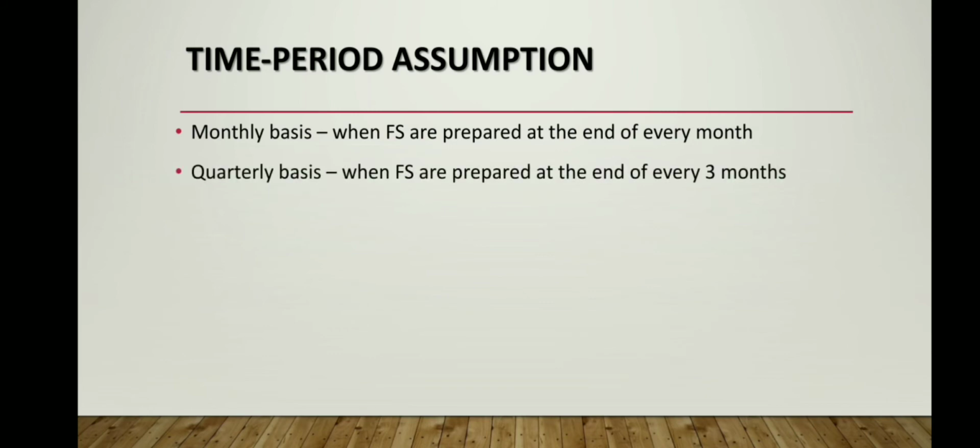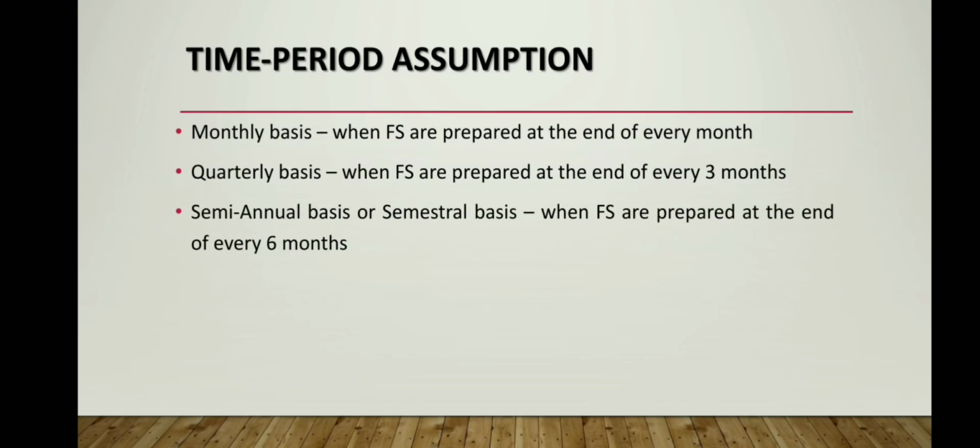If financial statements are prepared at the end of every 3 months, we call it a quarterly basis. If financial statements are prepared at the end of every 6 months, we call it on a semi-annual basis or semestral basis. And if financial statements are prepared at the end of every 12 months, we call it on a yearly or annual basis.